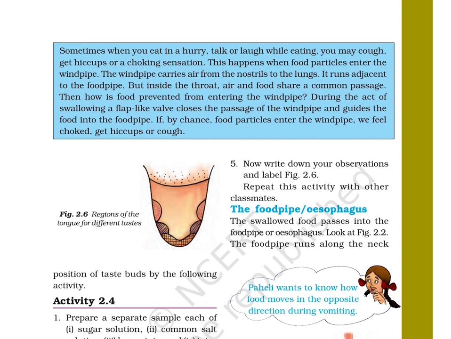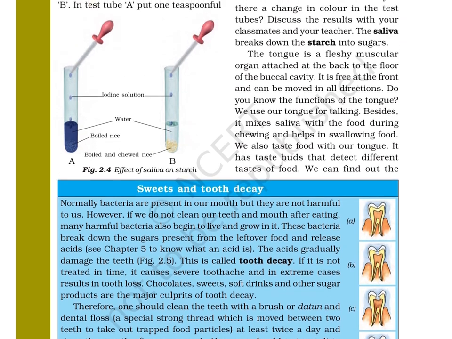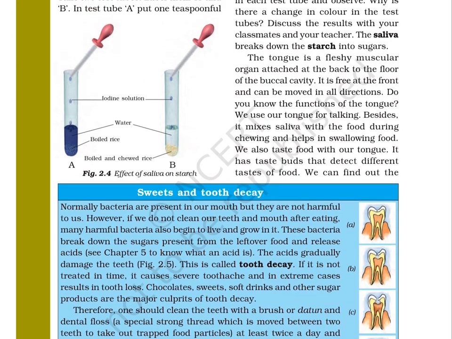The tongue is a fleshy muscular organ attached at the back to the floor of the buccal cavity. It is free at the front and can be moved in all directions. Do you know the functions of the tongue? We use our tongue for talking.